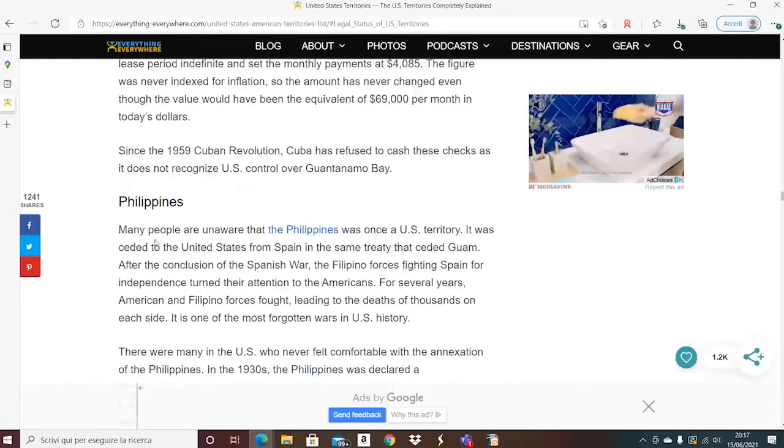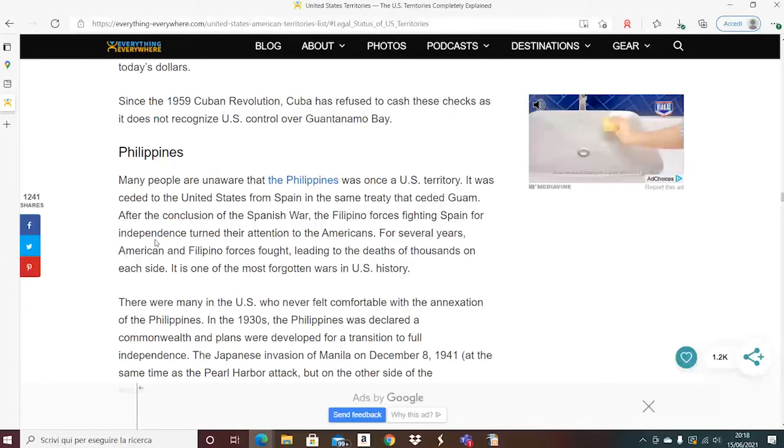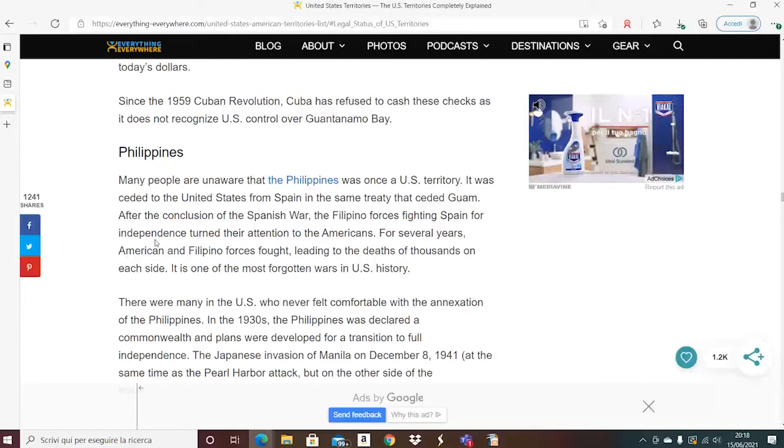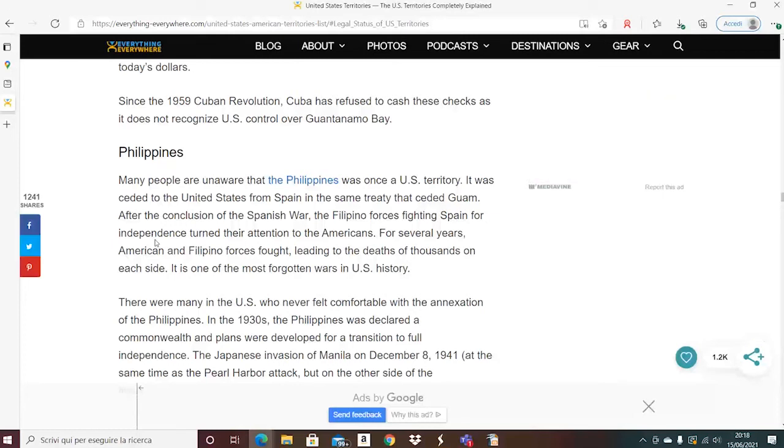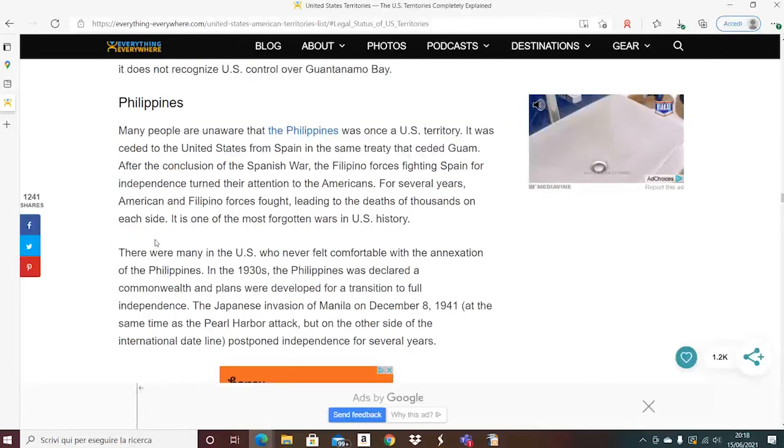So, the Philippines. Many people are unaware that the Philippines was once a US territory. It was ceded to the US from Spain in the same treaty that ceded Guam. After the conclusion of the Spanish War, the Filipino forces fighting Spain for independence turned their attention to the Americans. For several years, American and Filipino forces fought, leading to the deaths of thousands on each side. It is one of the most forgotten wars in US history.